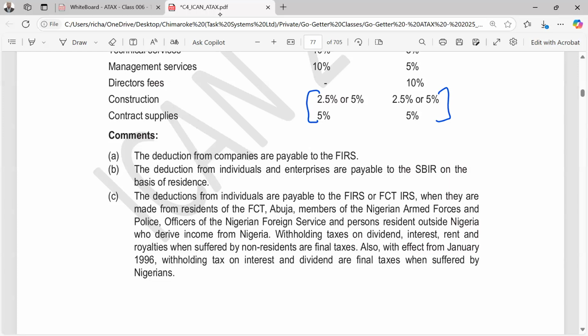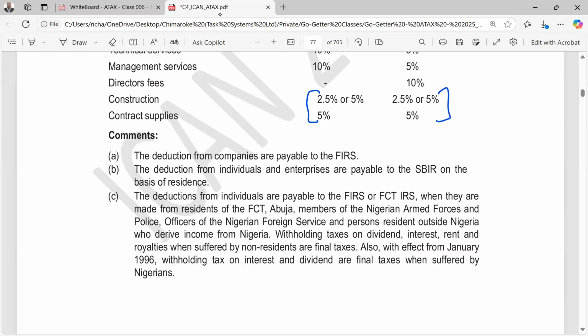For company, it's an advance of your company income tax. And FIRS are the ones receiving the company income tax. So if you are paying advance, which is withholding tax, you need to pay to them. So the same thing with the states. Deductions from individuals are payable to the SIRS or FCT-IRS when they are made from residents of the FCT, Abuja, members of the armed forces, and all that.